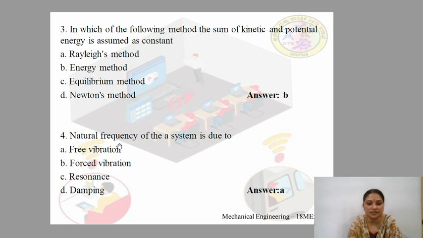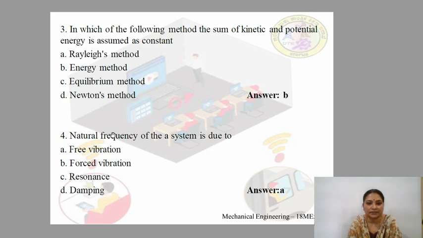The last question is, the natural frequency of the system is due to. Why does the natural frequency of the system occur? The options are A, free vibration, B, forced vibration, C, resonance, and D, damping.